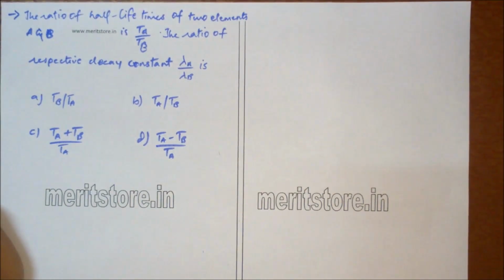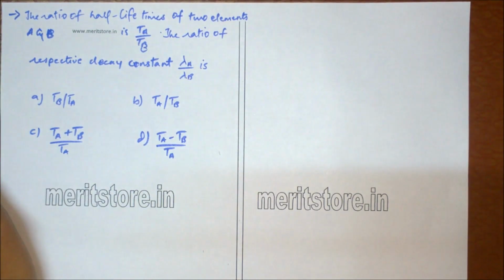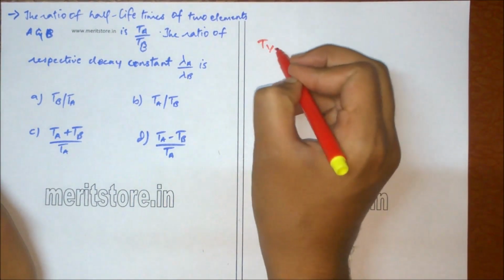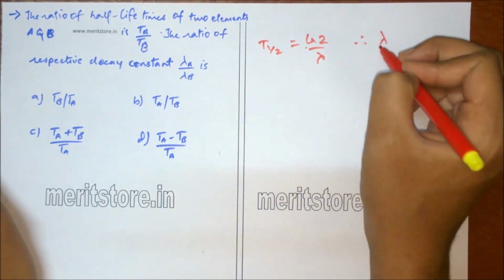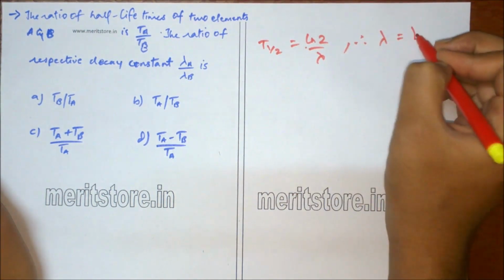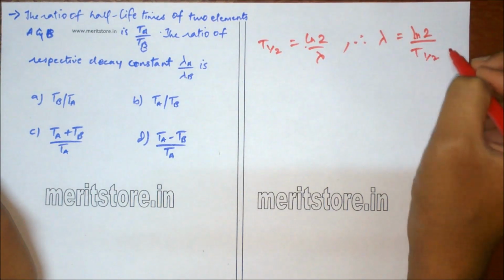The ratio of half-life times of two elements A and B is Ta upon Tb. The ratio of respective decay constants is? So T half is equal to ln 2 upon lambda. Therefore, lambda is equal to ln 2, the natural logarithm of 2, upon T half.